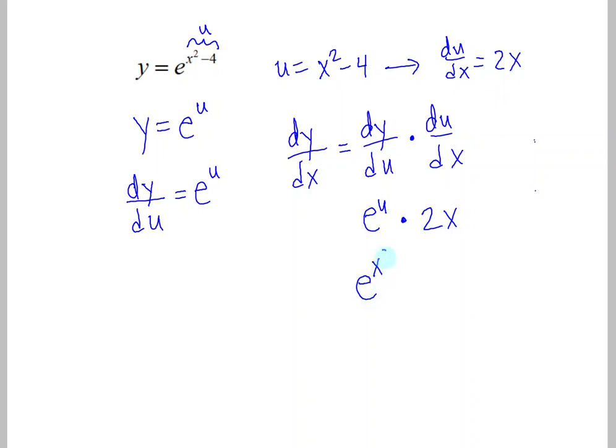So e to the x squared minus 4 times 2x, which is usually written with the 2x in front, so I don't need parentheses: 2x times e to the x squared minus 4. Both of these versions are a good derivative. Notice I'm not saying this one is a good derivative because this still has a u in it. Our original function did not have a u in it, so I'm not done until I get everything back in terms of x.